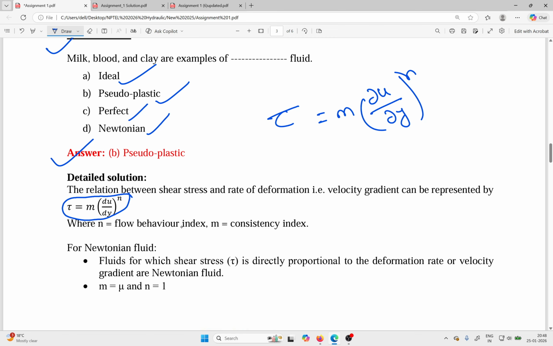Here n is your flow behavior index, and m is your consistency index. Remember please.